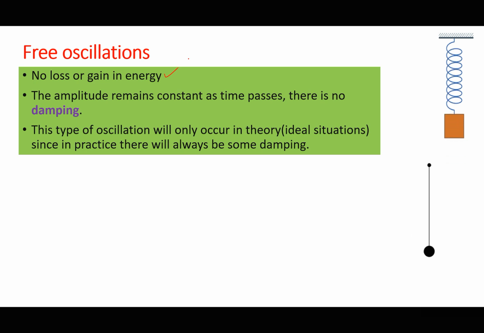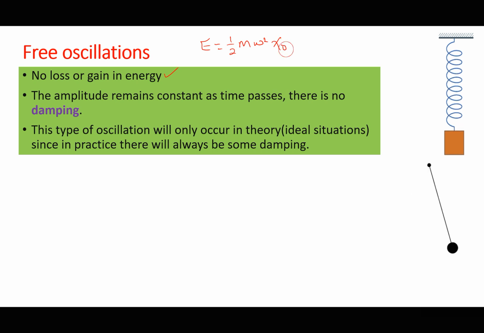And remember, simple harmonic motion is an example of free oscillations. The energy of a body performing simple harmonic motion was given by a half m omega squared times x naught squared. This was the total energy. If there is no loss or gain in energy, it means E naught is constant.